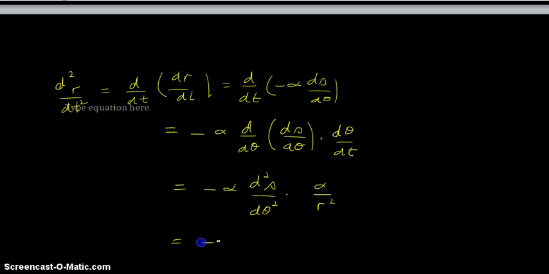So we end up with minus alpha squared s squared d2s by d theta squared.